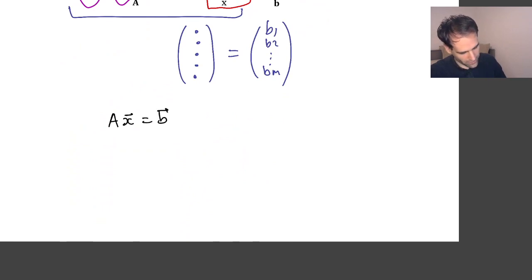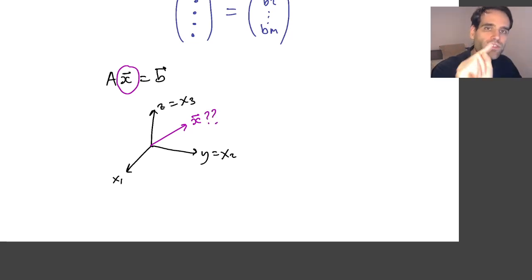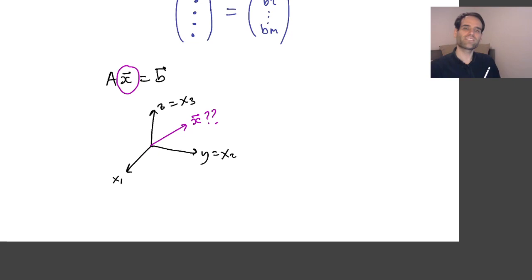So we have a vector x, which is unknown. Maybe we have three variables, x, y, and z, or let's call them x1, x2, and x3. We don't know what this vector x is. But what we do know is that we apply a linear transformation, and we know that linear transformation because we know the coefficients from our equation, so we know what this matrix A is.